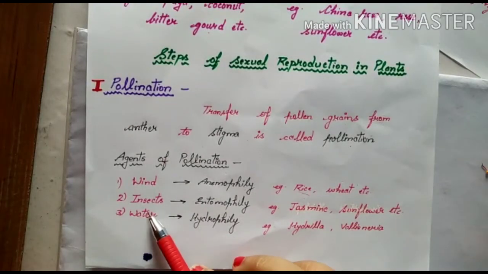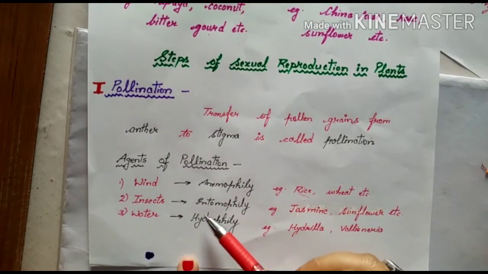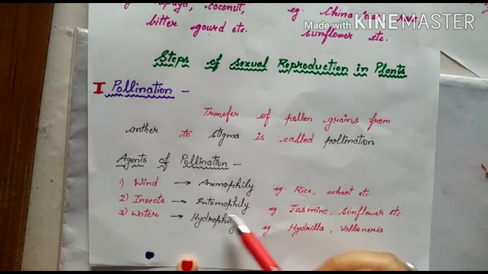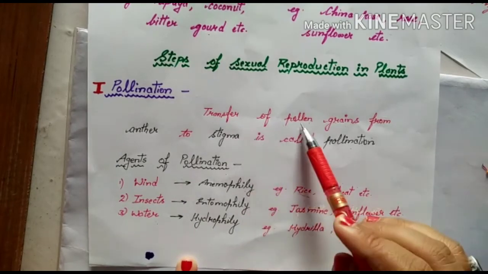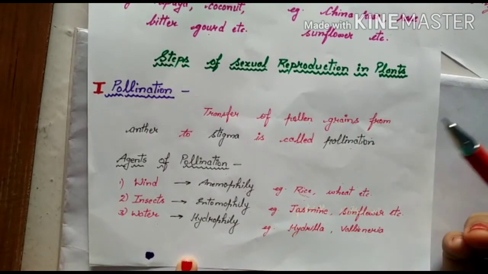Next is insects. The pollination which is caused by insects is called entomophily. Entomophily means the transfer of pollen grains from anther to stigma by insects.